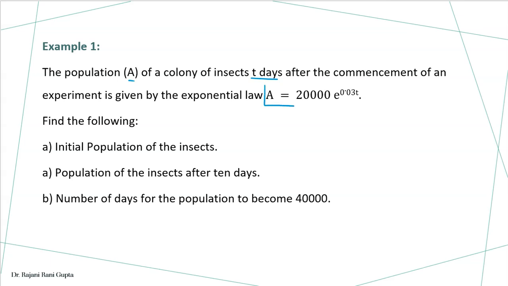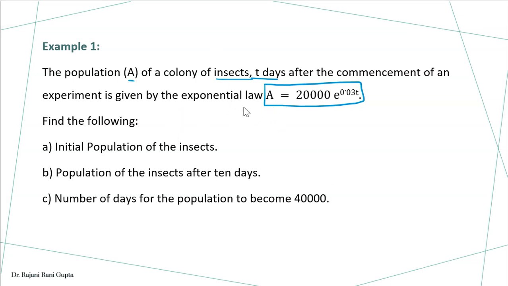This is the function which represents the growth in the population of insects in a colony. Based on this, you have to find the initial population, the population of insects after 10 days, and the number of days for the population to become 40,000.